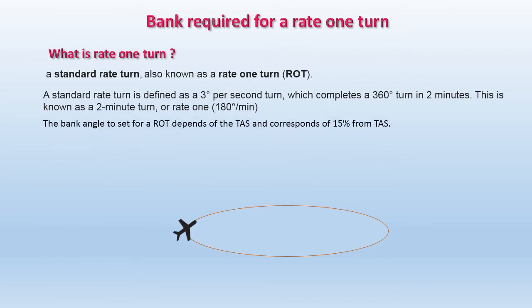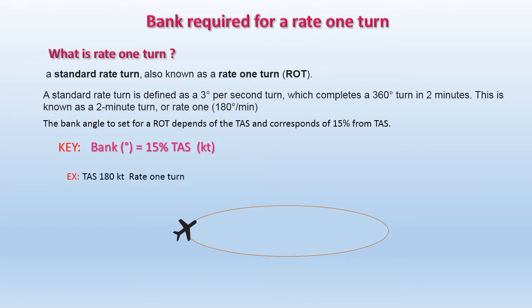Following the formula, the bank required to set on a rate 1 turn depends on true airspeed and corresponds to 15% of true airspeed. In the last video before, I already showed how to calculate this and what the key is. Okay, let me review the key. Bank degrees for a rate 1 turn equals 15% of true airspeed.